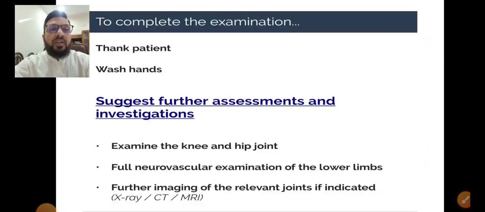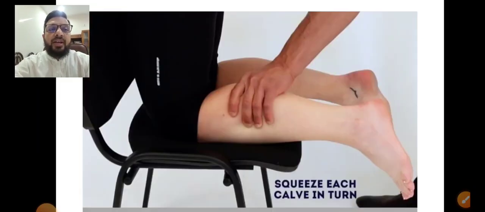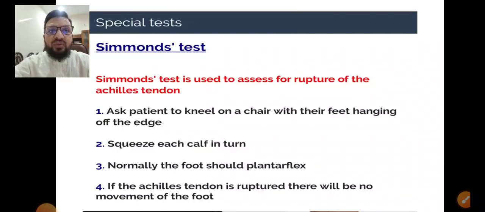Now the last test to be performed here is the Simon test, and it is for rupture of the Achilles tendon.